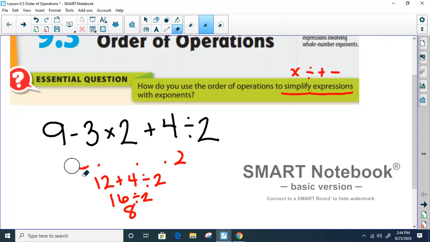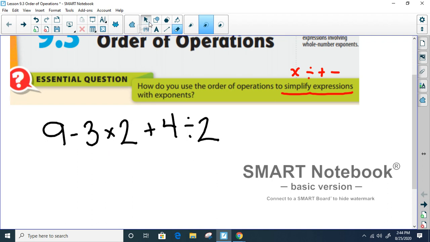So what the order of operations is telling us is that there's a specific way to do this problem in order to get the correct answer. And if I'm going to get the correct answer here, I'm actually going to multiply first.